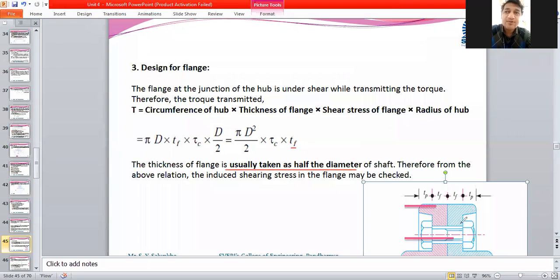Till now we have not calculated the diameter of the nut, that's why, it's a nut and bolt which is used for the fastening of the couplings together, but usually it is taken as half of the diameter of the shaft. So here we can calculate the shear stresses and we can check whether they are within the permissible limit or not.